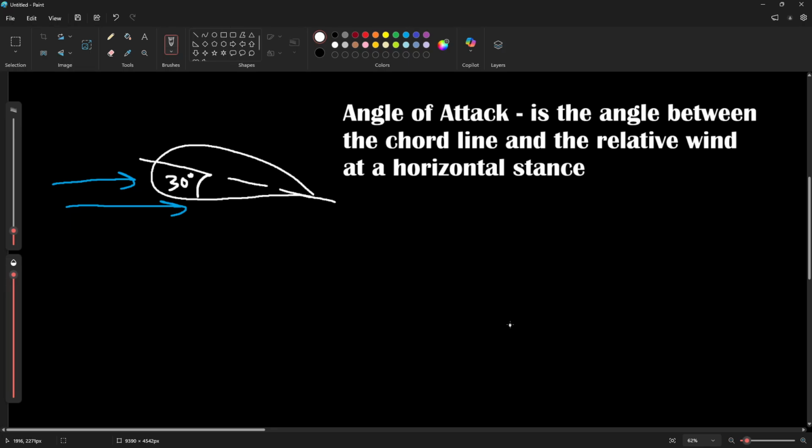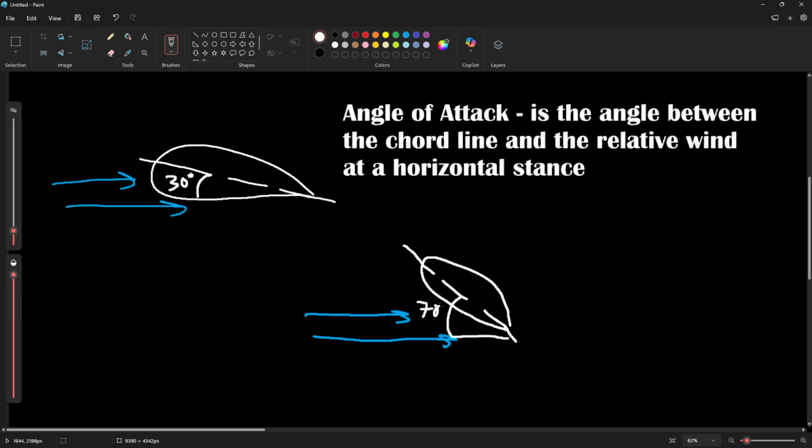If we have a relative wind going here horizontally, and the chord line is coming up here, the angle of attack would be greater, around 70 degrees. So as you can see, the higher you pitch, or the higher you raise your airfoil, the greater the angle of attack would be.